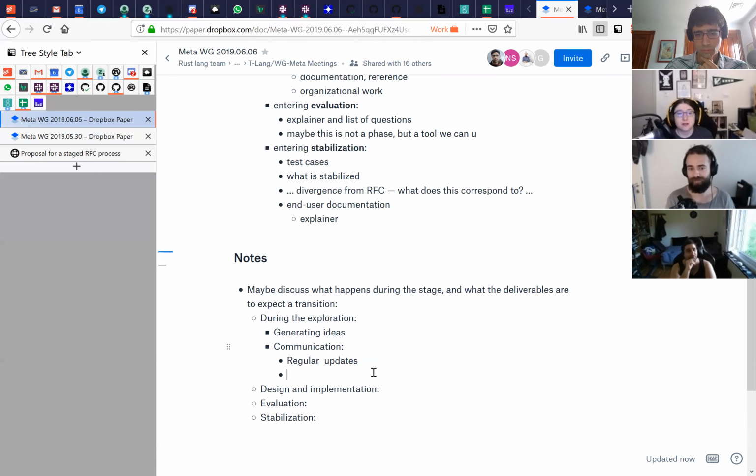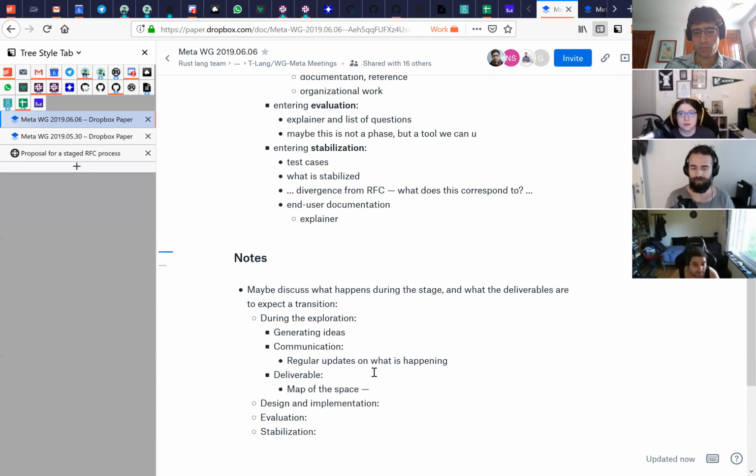I think the point of the exploration is to find out also what the problem is, because there's an iterative process between having a solution, having a problem, having a solution, and you might find more problems as you work on the solutions, and different solutions cover different problems. Right.